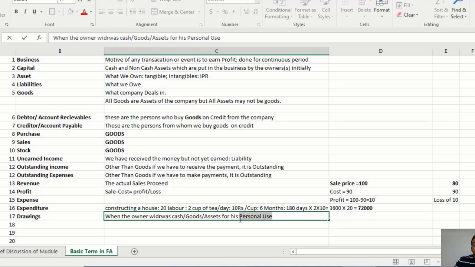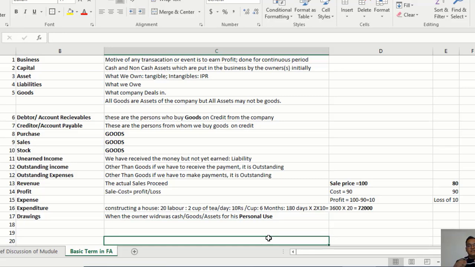The basic logic is, whenever the owner is taking out any asset, goods or cash from the company for his personal use, it is considered as drawings. Drawing is a technical word which we use in accounting, meant for personal withdrawals by the proprietor or owners of the company in the form of cash, goods, or assets.